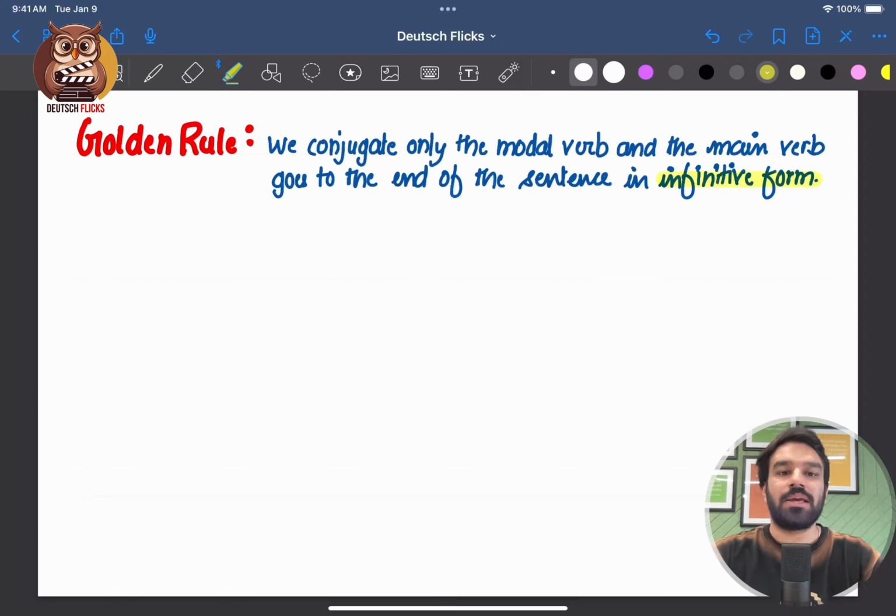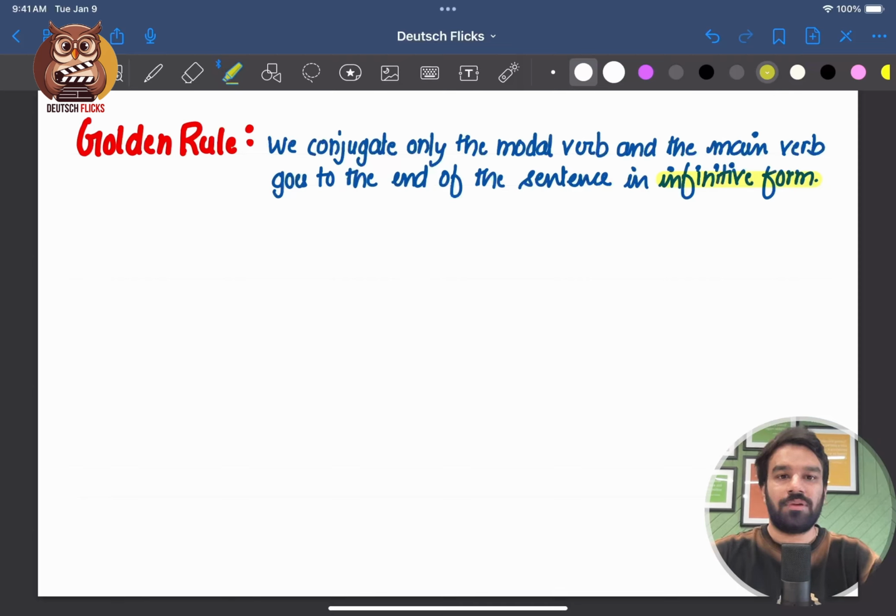It means base form of the verb, untouched, without any conjugation. So that is what makes German language peculiar, that we have to throw the main verb at the end of the sentence. So in German, you say something like, I want to Spanish learn, or I can for 2 hours swim. So what I'm doing is I'm throwing the main verb at the end.